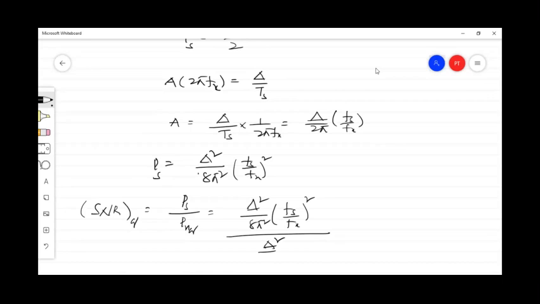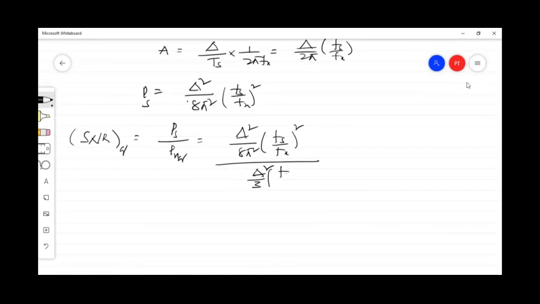So I'm writing it as del square by 3 into fx by fs. So it is simply equal to del square cancels, and it is 3 by 8 pi square. And you see these two will be multiplied, so it will be raised by a factor of 3, fs by fx whole cube.